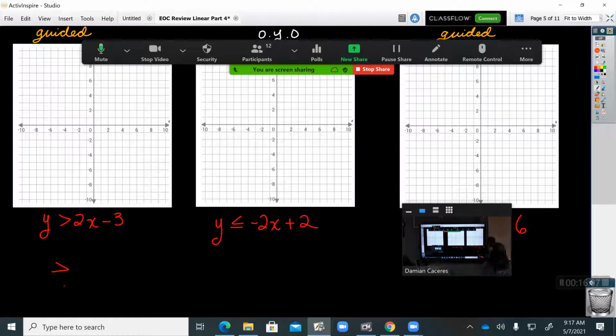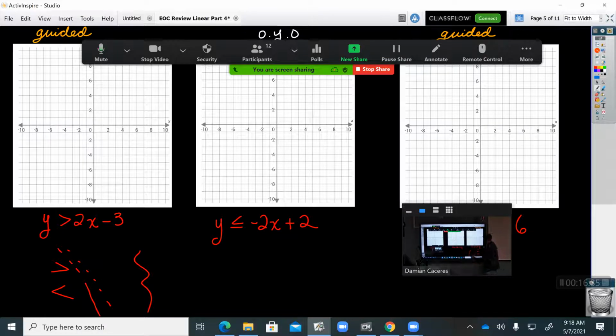When you have a greater than or a less than symbol without the little line underneath, then your line has to be dashed. So whenever you draw your line, make sure it's dashed. Like instead of just drawing a line, draw a dashed line. There's a reason for it. You'll see me do it now. Don't worry. Right? That's the first thing you have to consider.